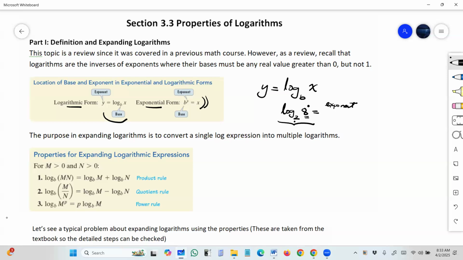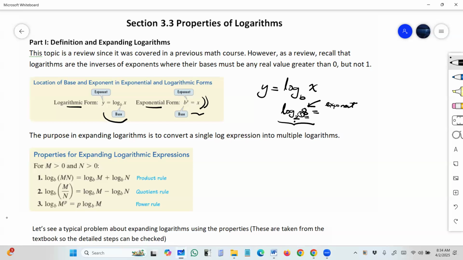The answer is the exponent you have to raise the base to, so that the result is the number you're trying to take the log of.